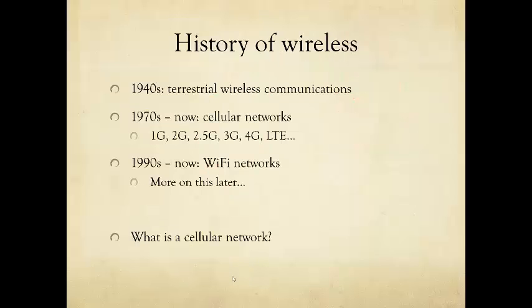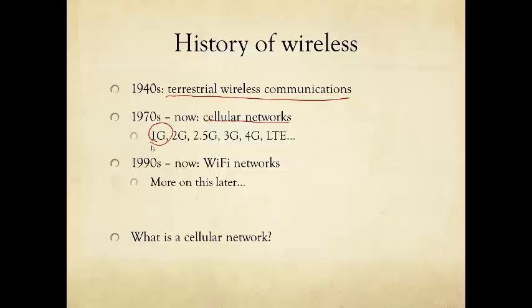Now, if we look at the cellular network, that part of this story, we see that terrestrial wireless communications dates back to at least 1940s. And since the 70s of the last century, we have seen the growth of cellular networks.